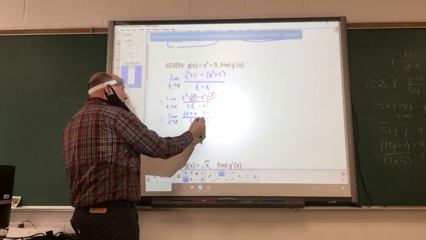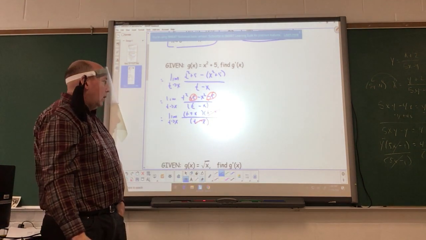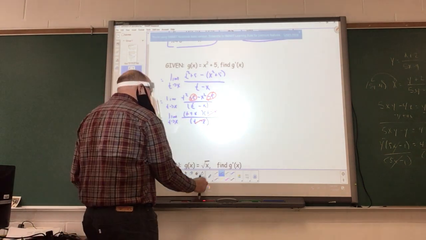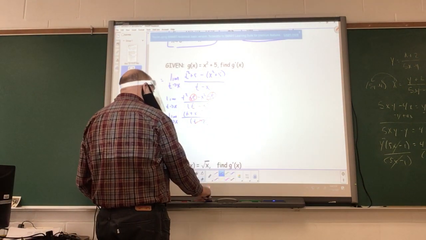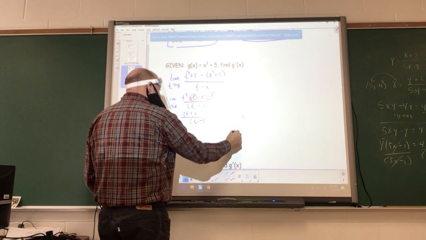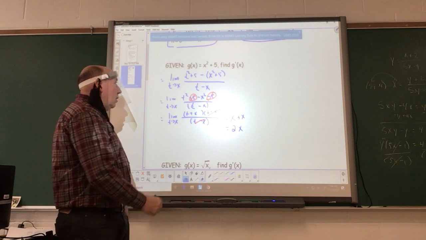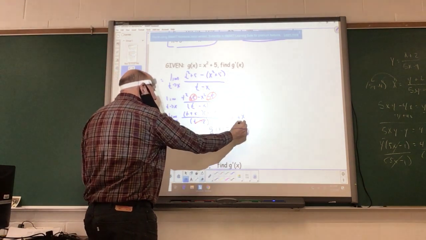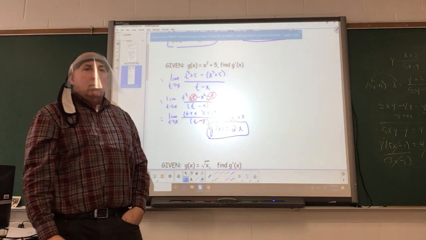So the t minus x's move to Texas. And then we can substitute in x for t. So we have x plus another x, which gives us 2x. So g prime at x is equal to 2x.